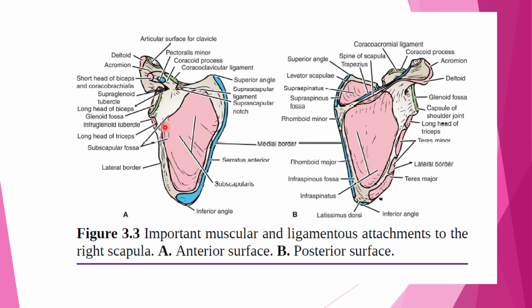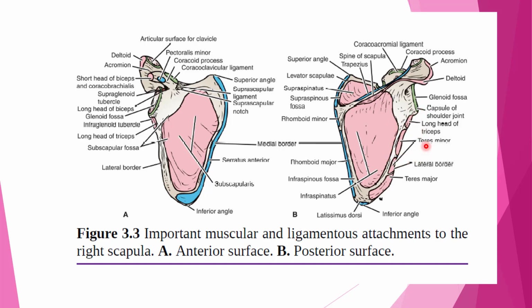Now we will discuss some other muscles, which are teres minor. See here, this is teres minor muscle which arises from the upper two-thirds of the rough strip on the dorsal surface along the lateral border. See here, this is lateral border, this is posterior surface. So along the lateral border on the posterior surface, below the long head of the triceps, which was attached at the infraglenoid tubercle, we have teres minor muscle.